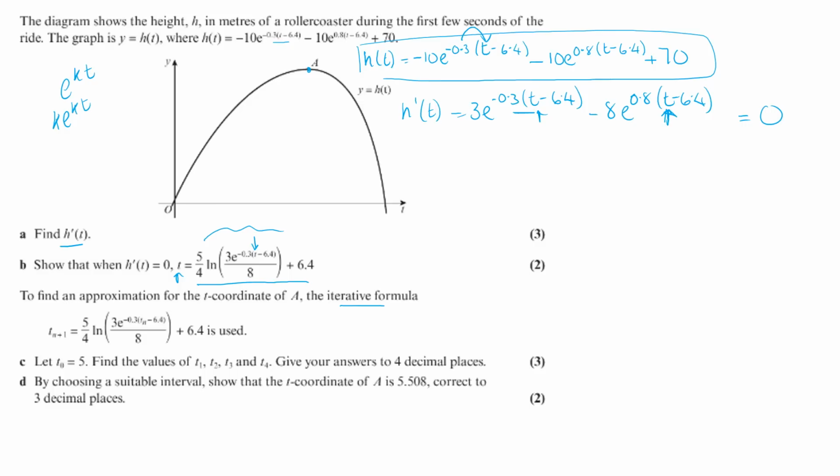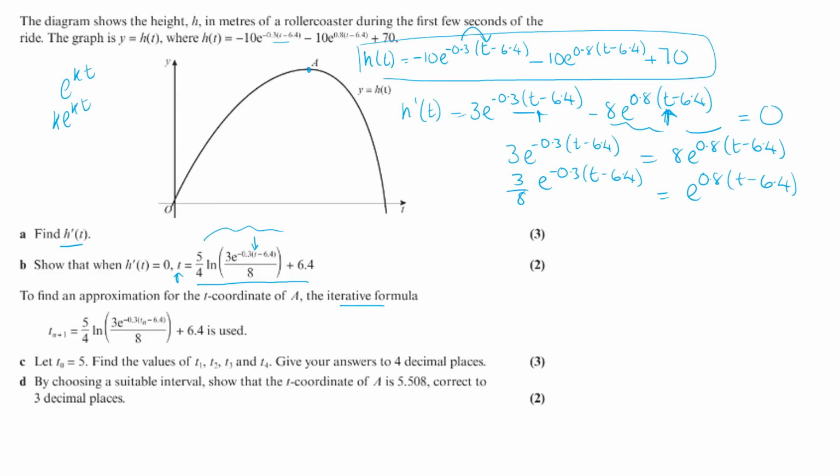So what we're going to do is take 3e to the minus 0.3 t minus 6.4 and take this other term to the other side. It's going to be 8e to the 0.8 t minus 6.4. I'm going to divide by 8, so 3/8 e to the minus 0.3 t minus 6.4 is equal to e to the 0.8 t minus 6.4.